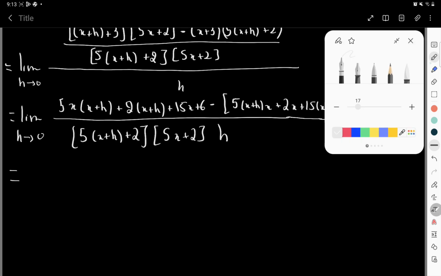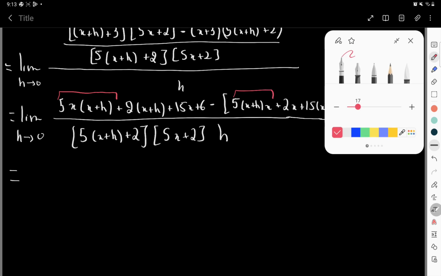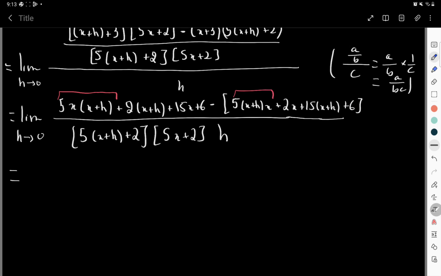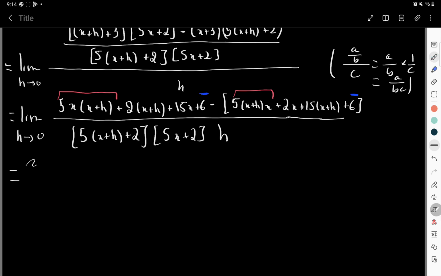So maybe I can write this clearly. These two, it's very clear that they will cancel out, and because you have a minus here, the 6 will cancel out with that 6. Okay, so I will write my expression without these. I mean, this is very clear.